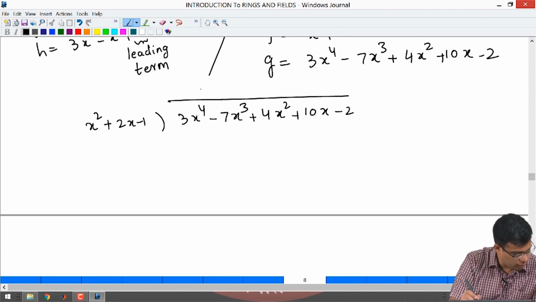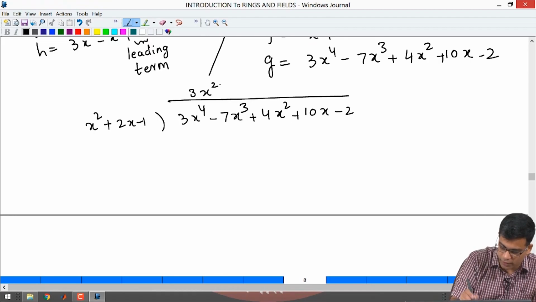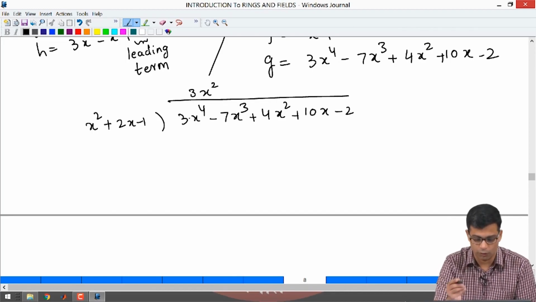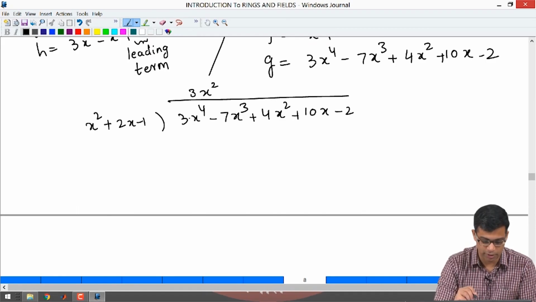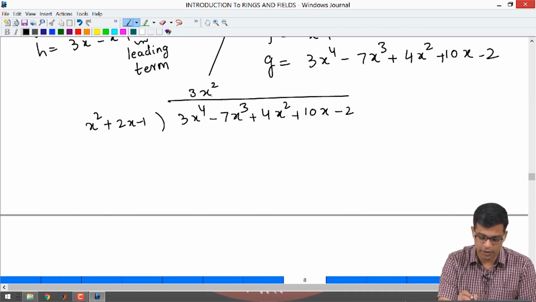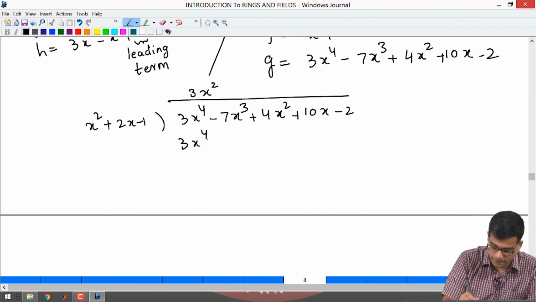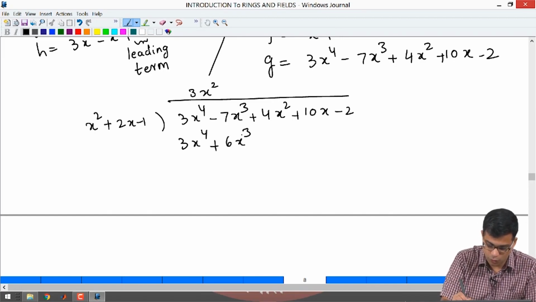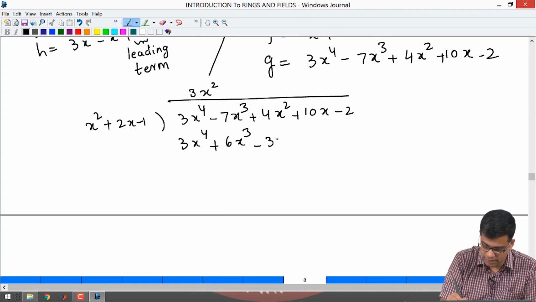That is simply 3x squared. Here you see why I need the leading term to be 1, because if it is not 1, I may not be able to get the 3 that I want. I will describe this again in examples. So, x squared times 3x squared is 3x^4, and you have plus 6x cubed minus 3x squared.